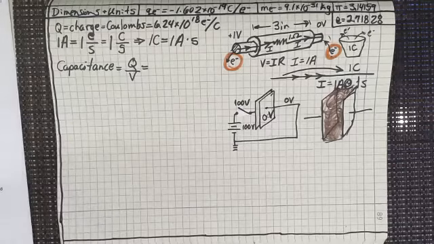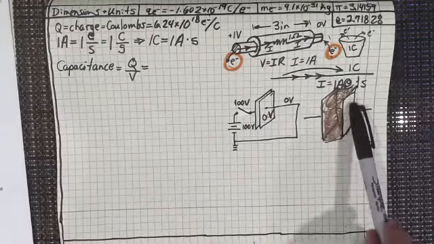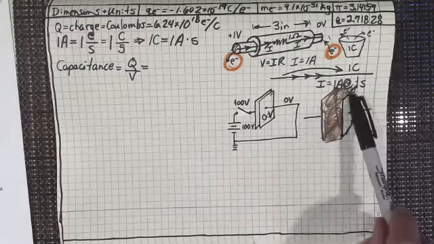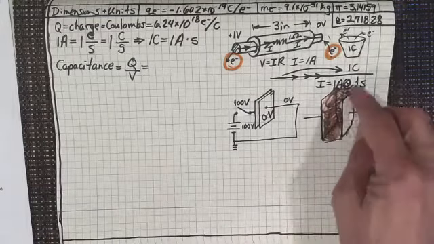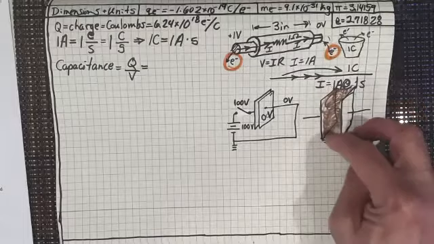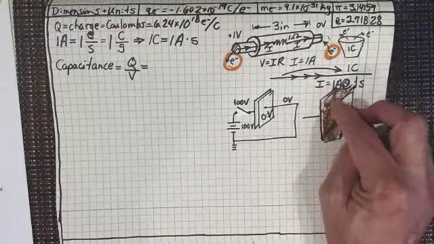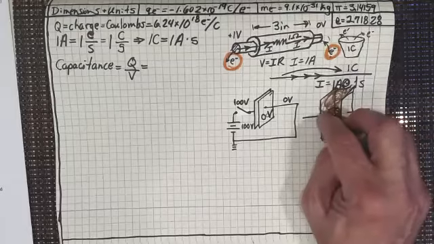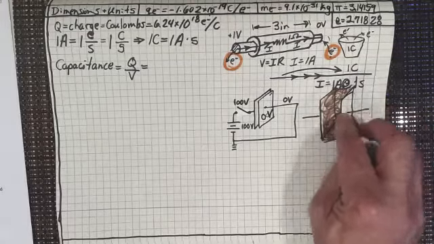Now, the capacitor is uncharged to begin with, so I don't have any positive charges here, any negative charges here, right? In fact, the dielectric itself is unpolarized, and that's what happens to the dielectric inside. It starts to get polarized where its negative charges go to one side and its positive charges go to the other side, right?